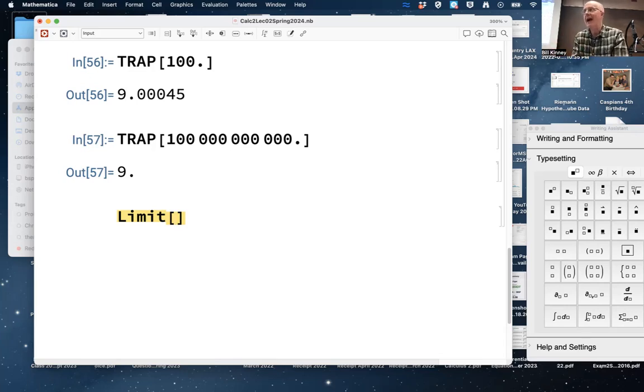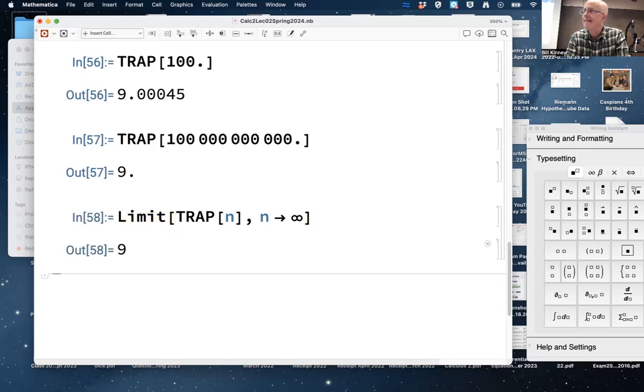You never actually have infinitely many rectangles, but you can take a limit of, say, the area you get with the trapezoid rule as n goes to infinity and see if it's 9. It is. Wait, how did I make that arrow on that infinity? I made the arrow by doing minus sign greater than sign.